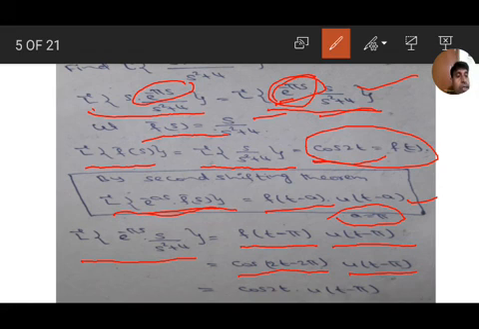Cos of 2t minus 2 pi, 2 pi means 360, so 360 minus 2t, cos of 360 minus theta equals cos theta. So we get cos 2t into u of t minus pi. It is the unit step function. Cos 2t into u of t minus pi is the answer.